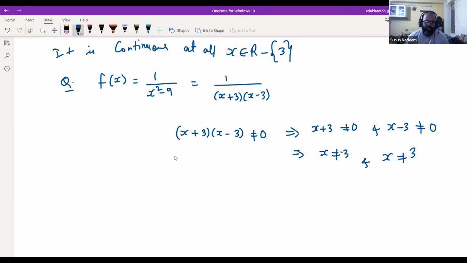These are the two conditions. These are the doubtful points. So what doubtful points are we getting? x is minus 3 and 3.